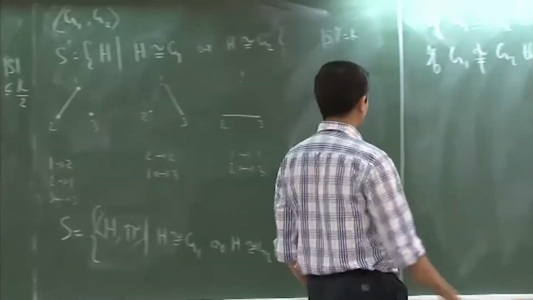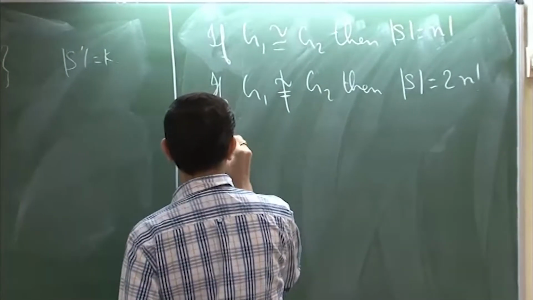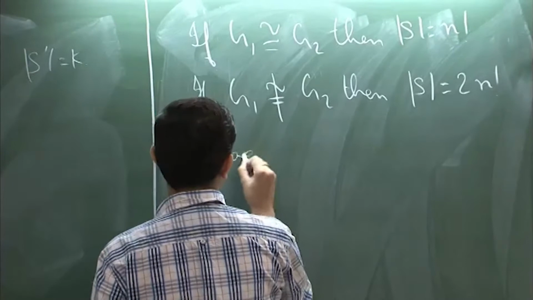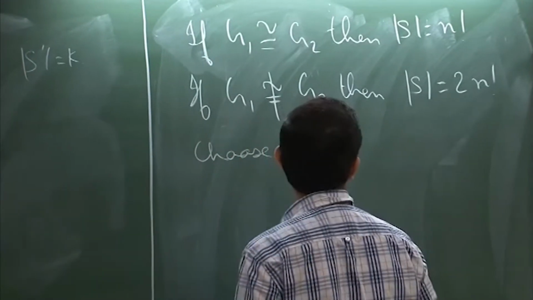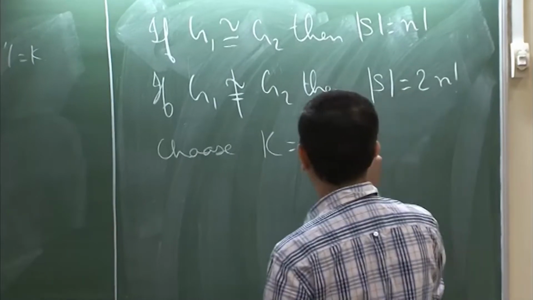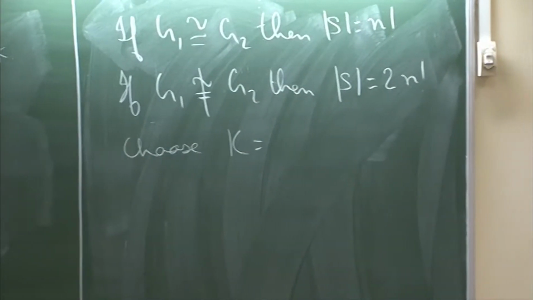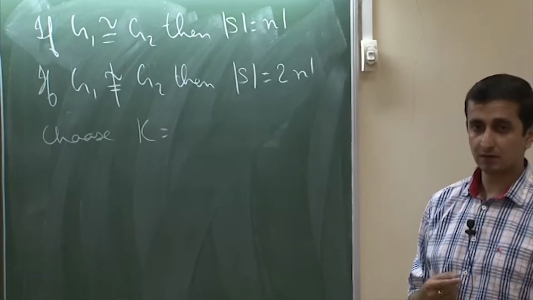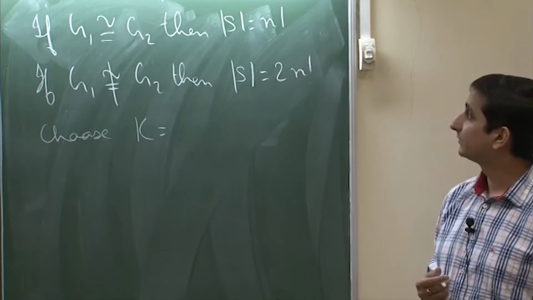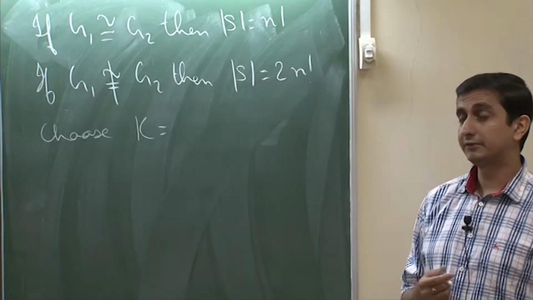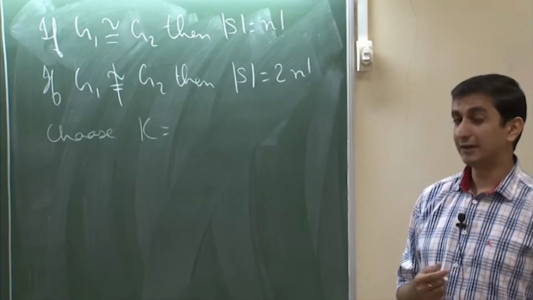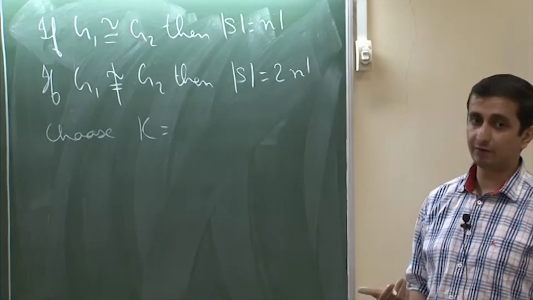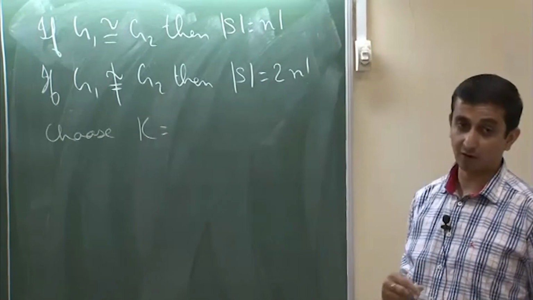So now the K that we consider is, this is the set S, and choose K equal to what? What is the K that we would want to fix? Three by 2 into n factorial will not help, because K greater than 3 by 2 into n factorial does not still imply that G1 and G2 are non-isomorphic.